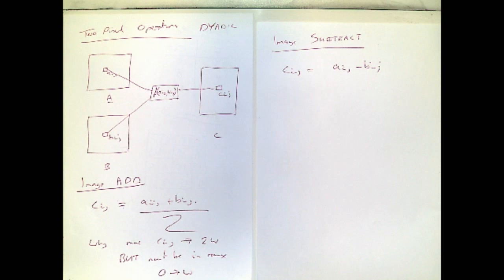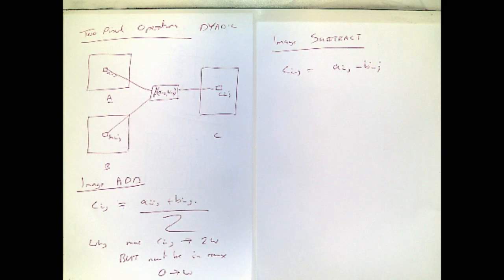Now, using the minimum value of the image pixel as 0 and the maximum value as W, what is the minimum value of Cij? Minus W. And what is the maximum value of Cij? W. So we now have a range of minus W to plus W. And we've got to bring that into the range 0 to W. Otherwise we will lose half the image.